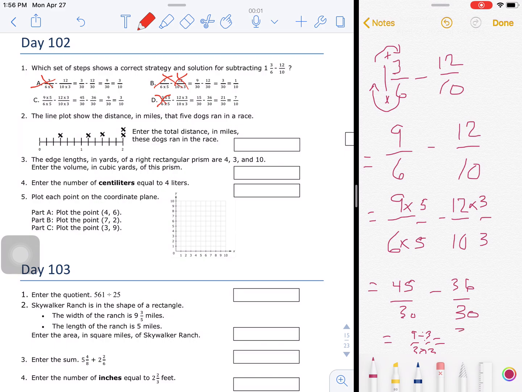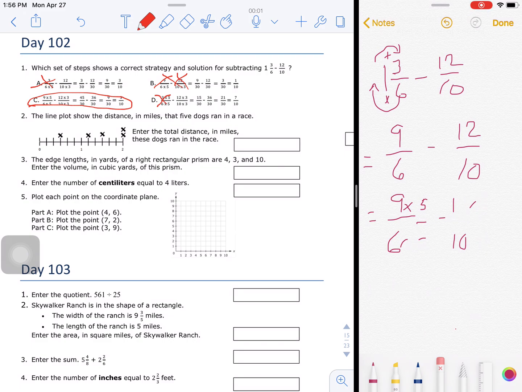It could be simplified to 3/10, which we have for C. So the correct solution is C. I think it's important as we take a look at that problem to make sure that we analyze each step carefully, because sometimes we jump to conclusions and we can make careless mistakes when we do that. Okay, problem number 2.